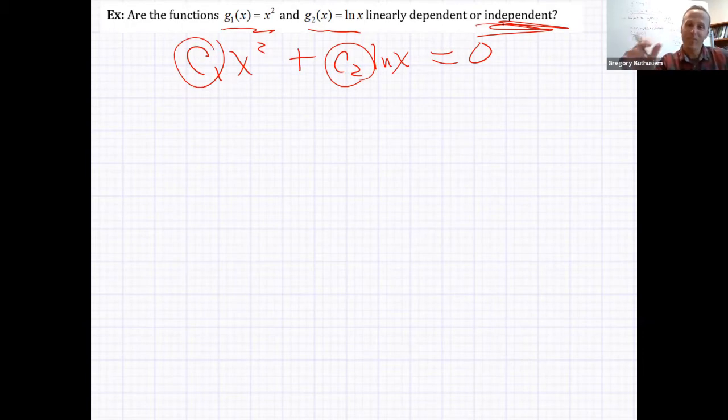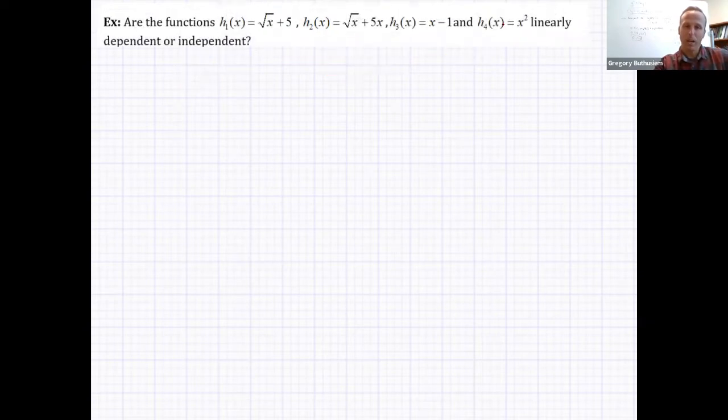So we're going to have to come up with a way to actually do this, and we're leading up to it. Just give me a little bit more time. The more functions you have, the harder this will be. But remember, some of these constants could end up being zeros, so as long as they aren't all zero, that's all that matters.